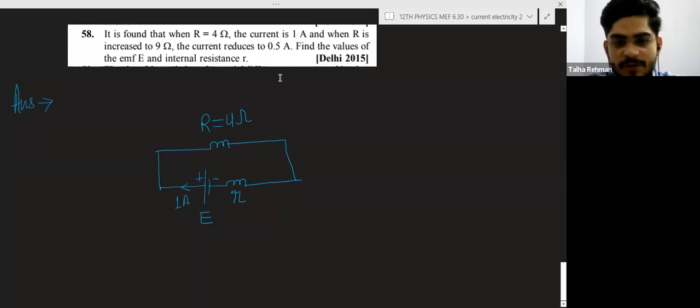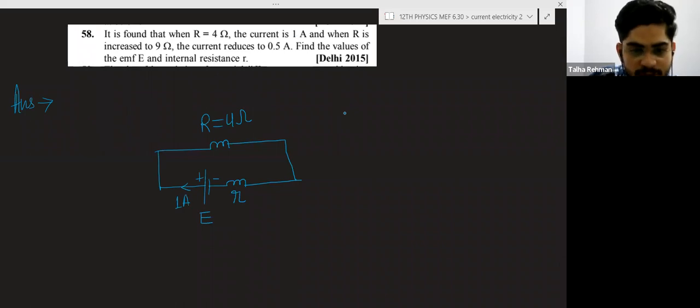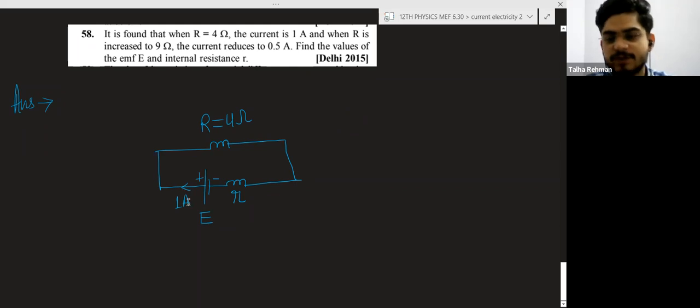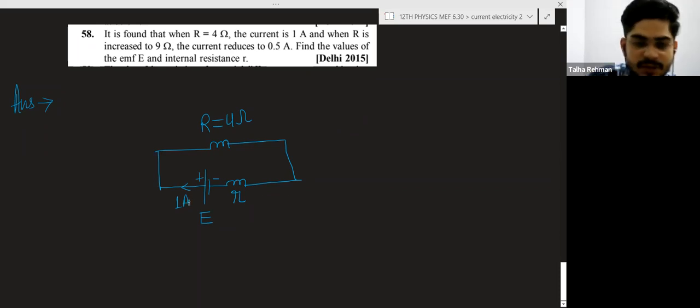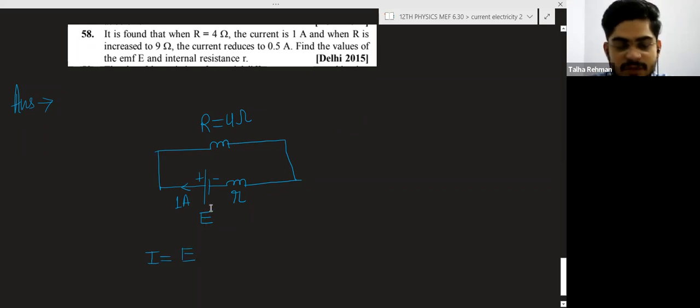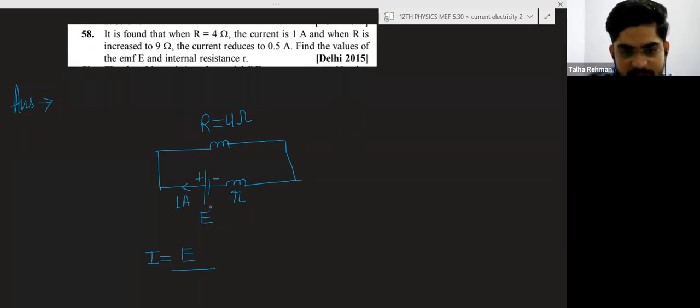Now we will write the expression for the current. So what is the value of current? Current is equal to total EMF divided by the equivalent resistance. So current I is equal to the total EMF. Equivalent EMF or total EMF is E. And what is the equivalent resistance?